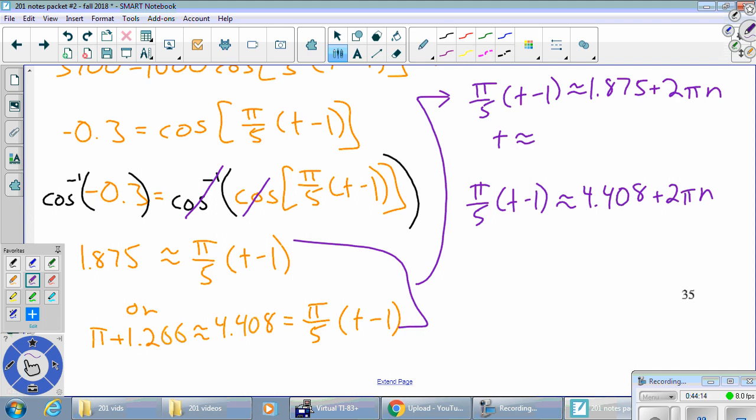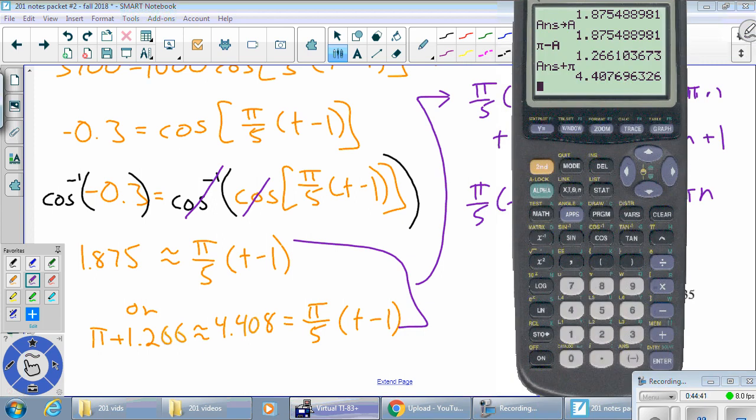I'll do the plus 1 right now just so that I don't forget it. So multiply both sides by 5 over pi, and the pi is going to cancel with this pi right here. And so we're going to get the same plus 10n that we did before, but now we need to do 5 over pi times the 1.875.